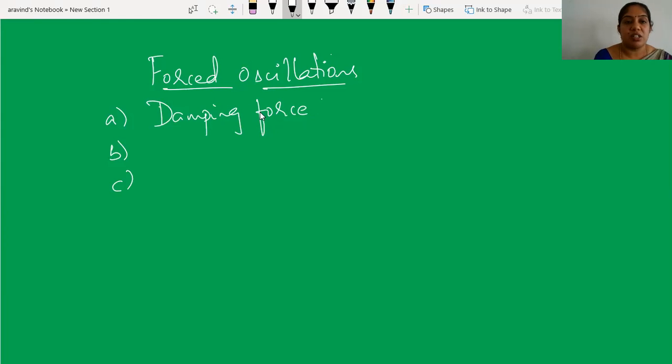Because any oscillations are happening, there is a force acting on it which is trying to halt the oscillation. And the second one is there is a restoring force acting on the body, and hence SHM, simple harmonic motions, are happening. And the third one is the applied force.